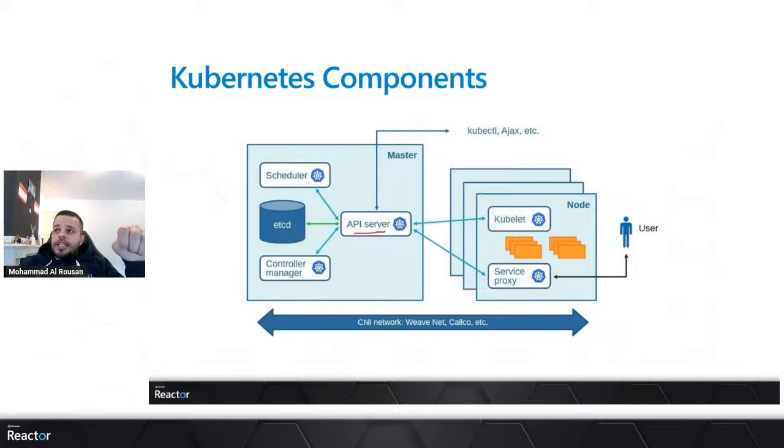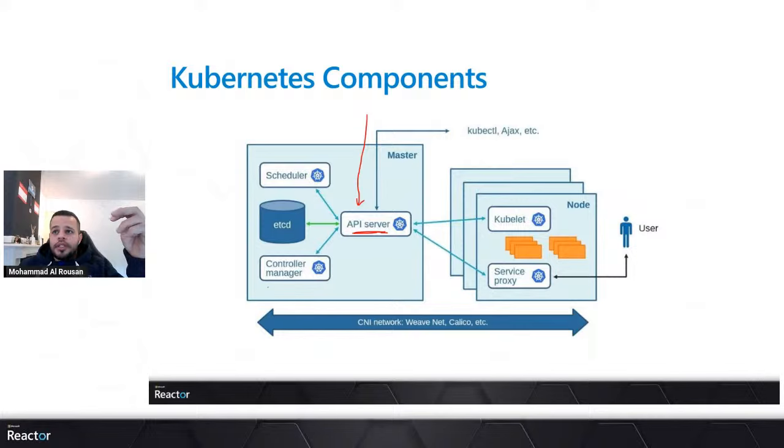As you can see, it's the entry point to your Kubernetes cluster, which all Kubernetes clients talk to, like the user interface, the CLI, and the dashboard, which use the API to connect with your Kubernetes cluster.